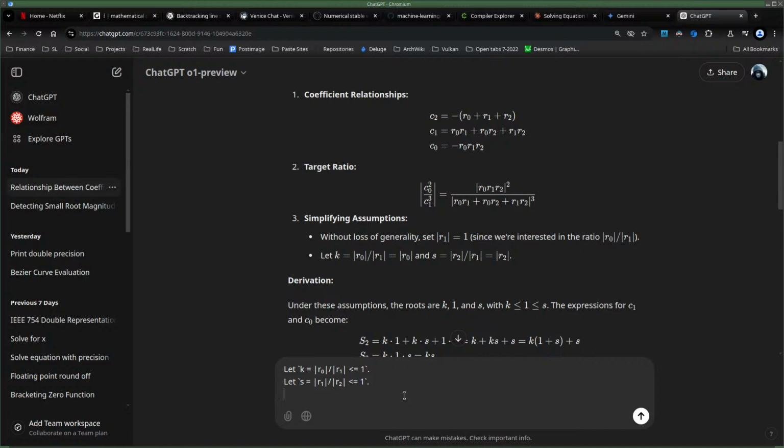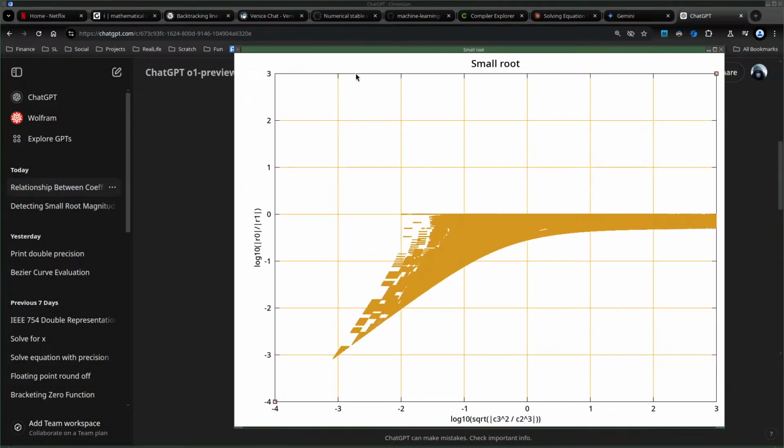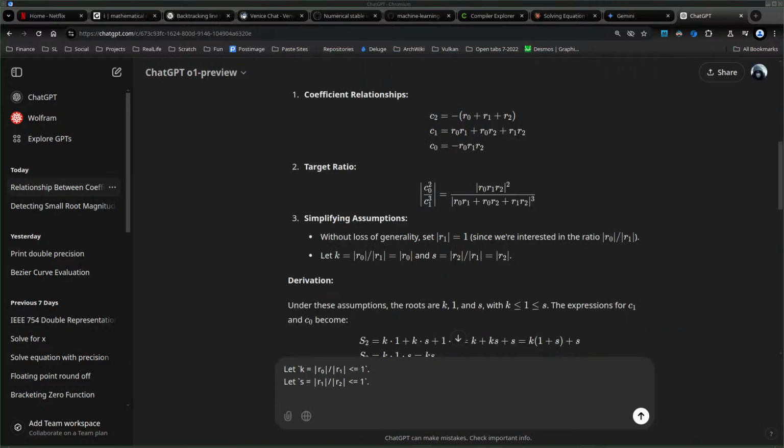Well, so far my graph is just still generating real values, real roots. So R0 and R1 and R2 are all real. And I might as well concentrate on this function here under those circumstances.